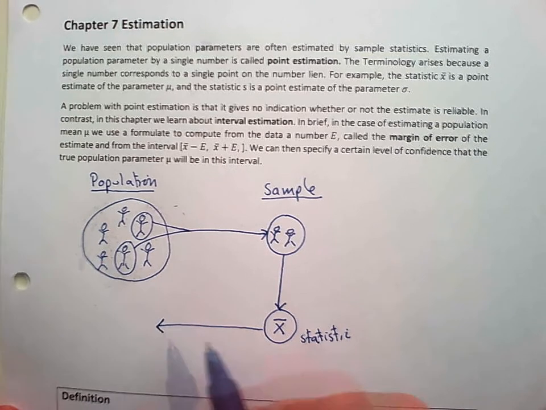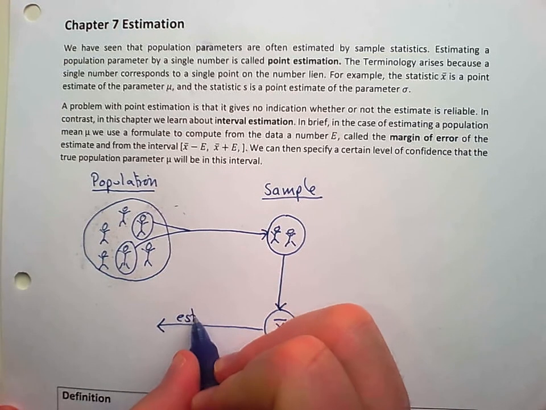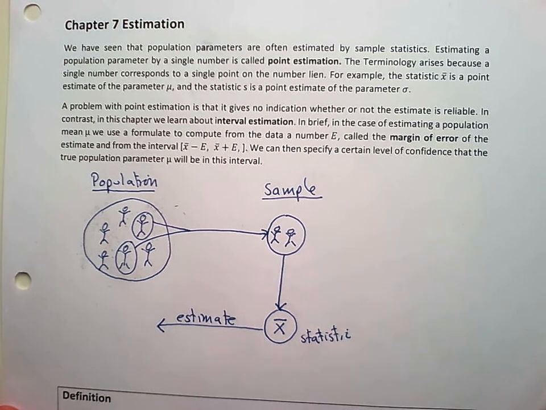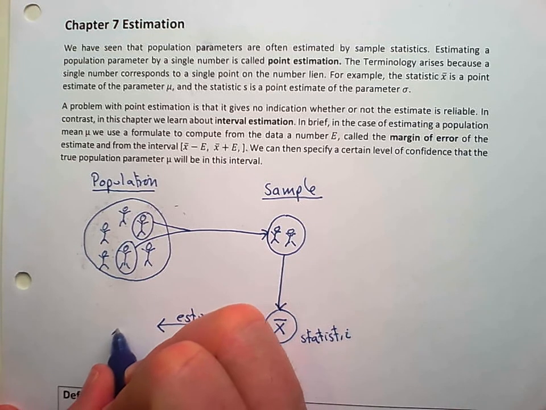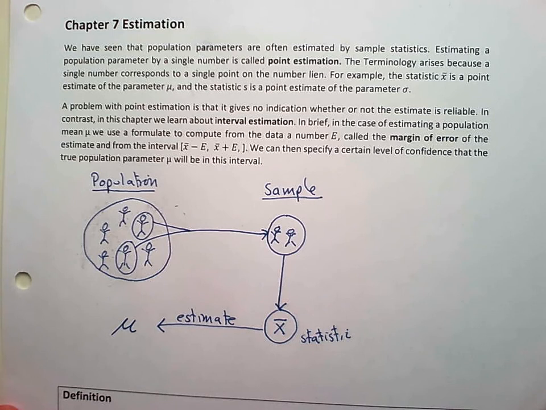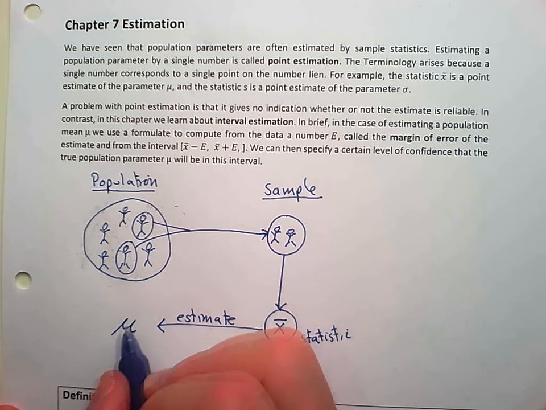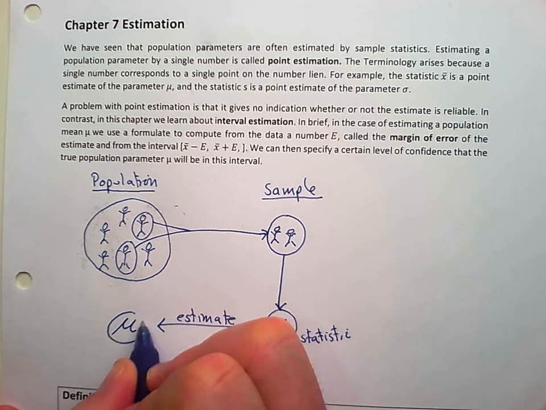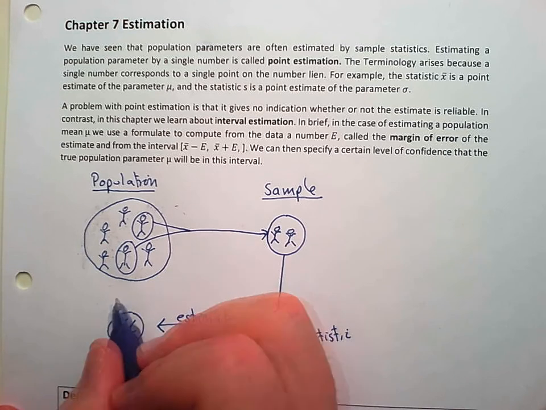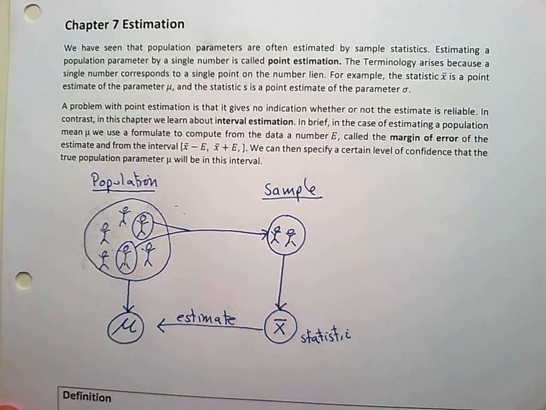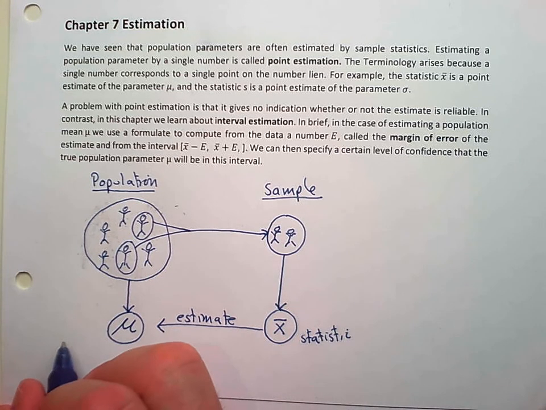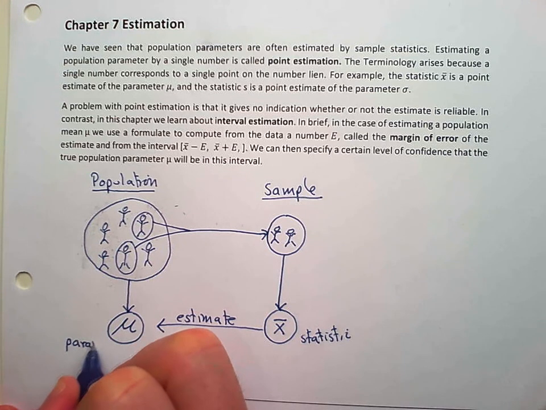So we could use this sample average to estimate our population average. And remember that the symbol for our population average is mu. Mu is the symbol for our population average. And since our population average is something that we can calculate or is a characteristic of our population, the definition that we know for this is a parameter.